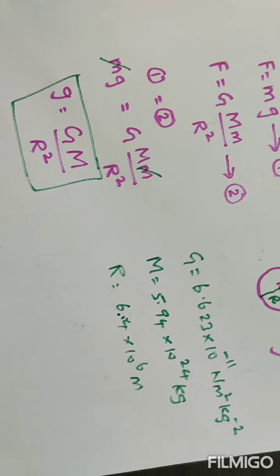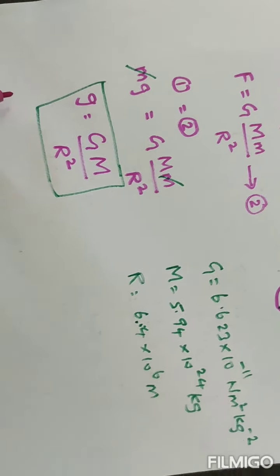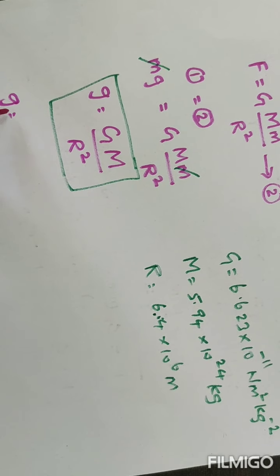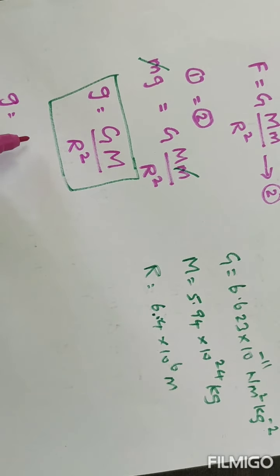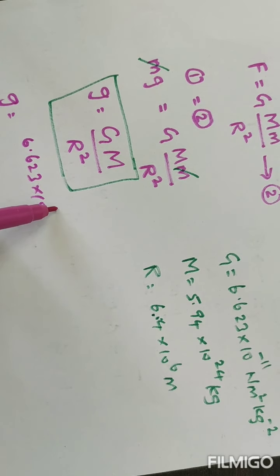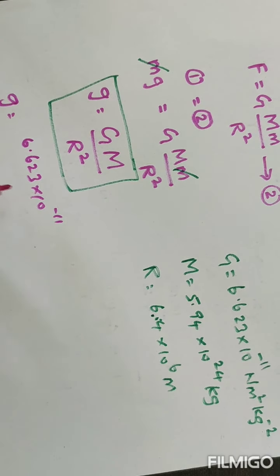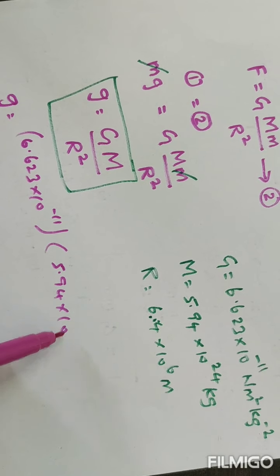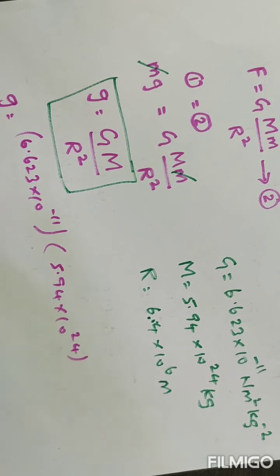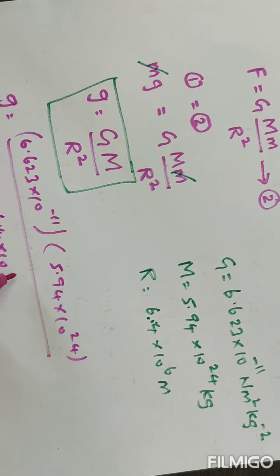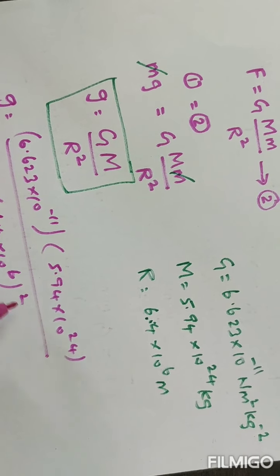Substituting these values, g is equal to capital G value 6.623 into 10 power minus 11, into mass of the earth 5.94 into 10 power 24 kilogram, divided by radius 6.4 into 10 power 6 the whole square.